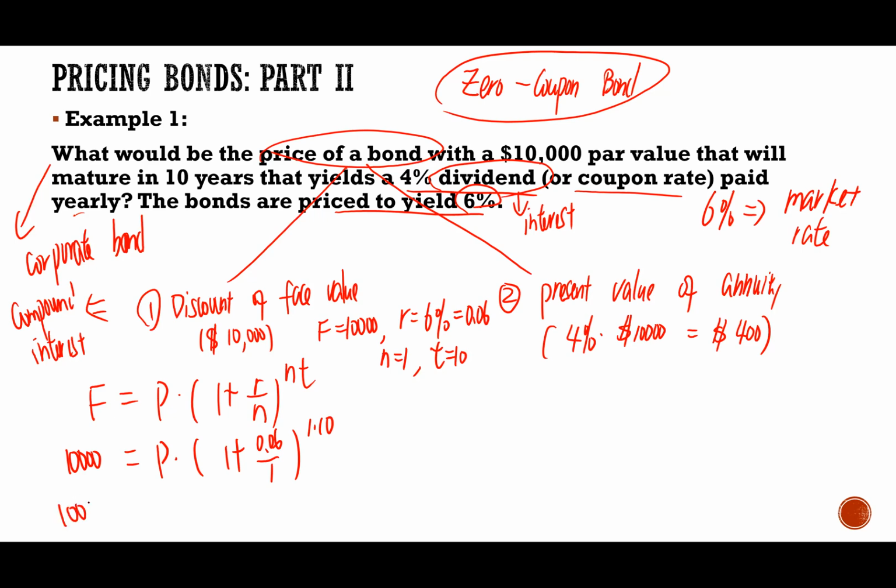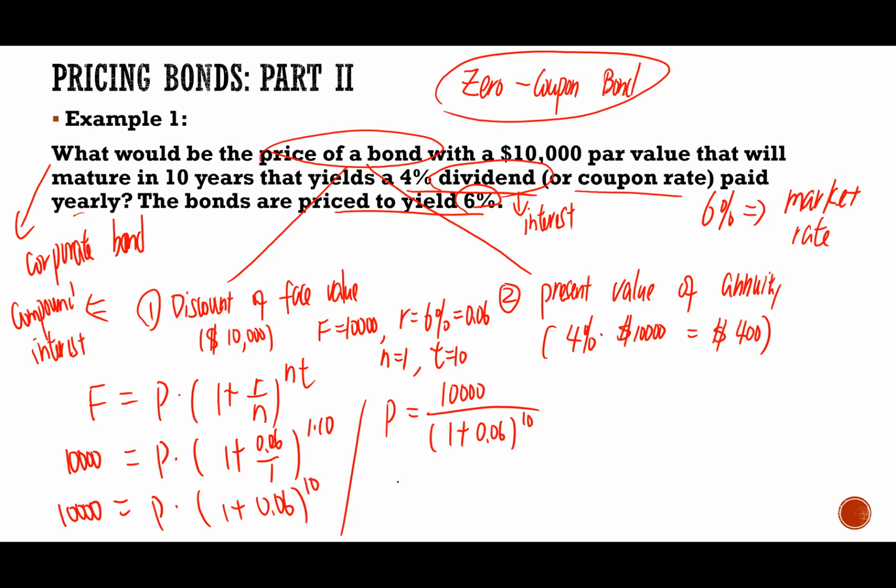We get 10,000 for future value equals present value times 1 plus 0.06 raised to the 10th power. Now present value should be equal to 10,000 over 1.06 to the 10th power, or 1 plus 0.06 to the 10th power, no problem. Let's see what that is.